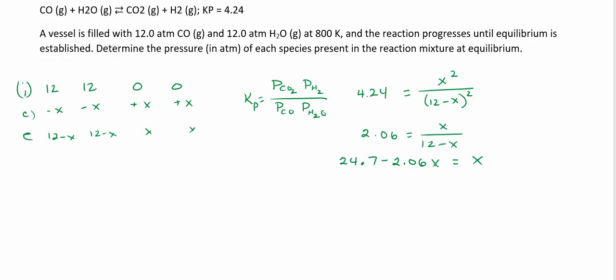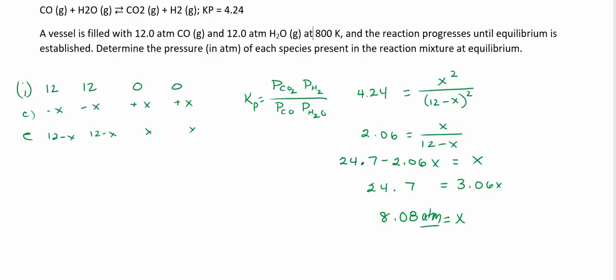I'm going to collect my x terms by adding 2.06x to both sides. Now, to get x alone, I divide both sides by 3.06, and I get an x value of 8.08.